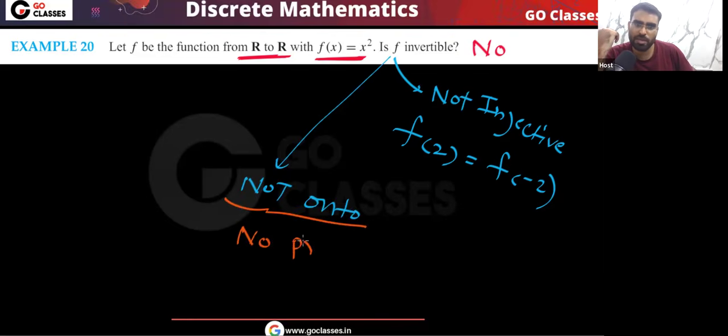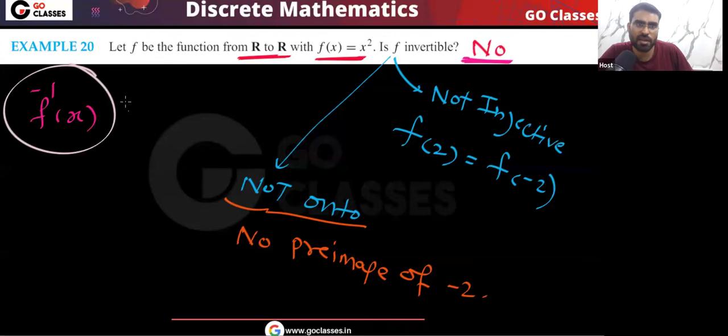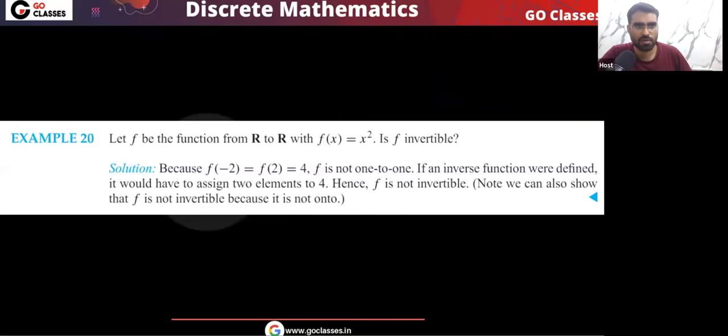Because there is no pre-image of negative numbers. So you can see this is not invertible. If this is not invertible, can we find f inverse x? f inverse x is undefined. Is this clear? We can't define f inverse x for this function f. This is not even one to one, and not onto.